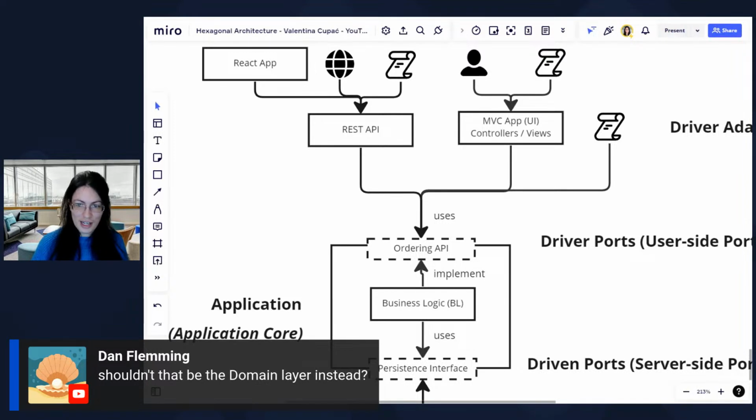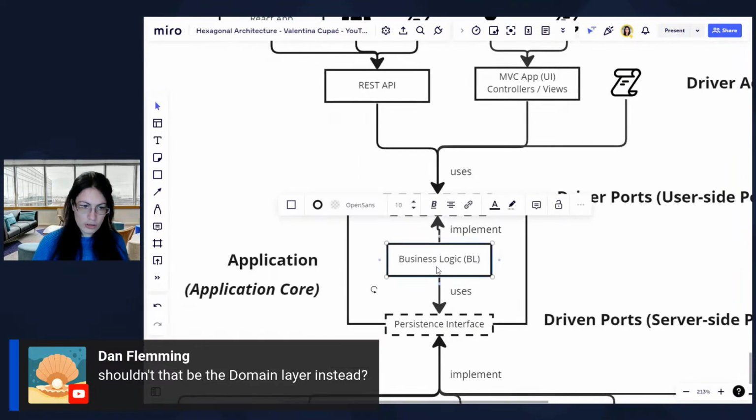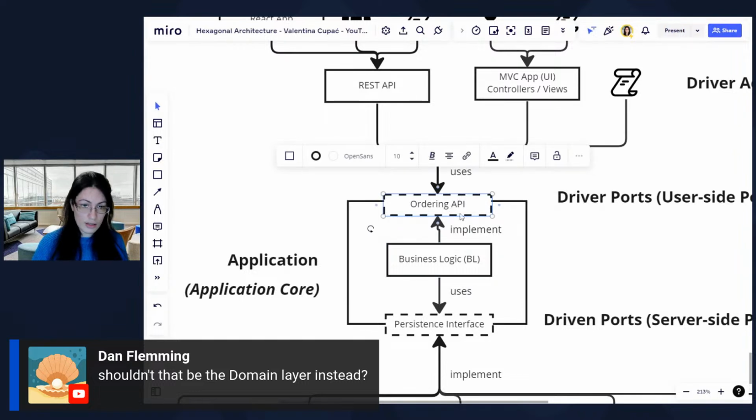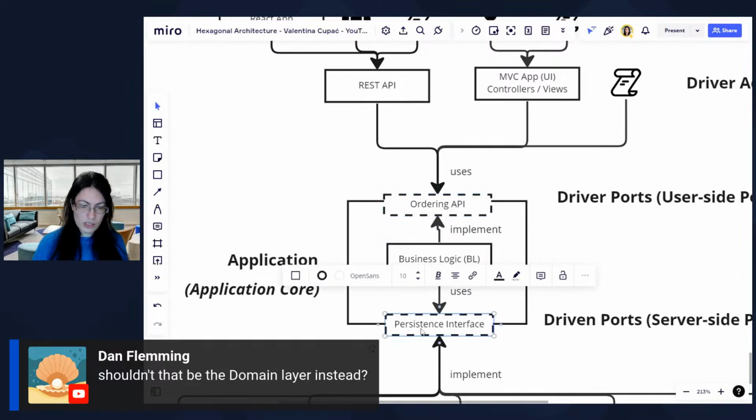Okay, shouldn't that be the main layer instead? This business logic we could call the domain layer, and that's the terminology used by Uncle Bob. Uncle Bob calls this the entities or domain layer, this the use cases layer, and this the gateway interfaces.